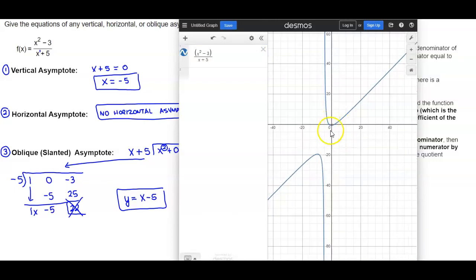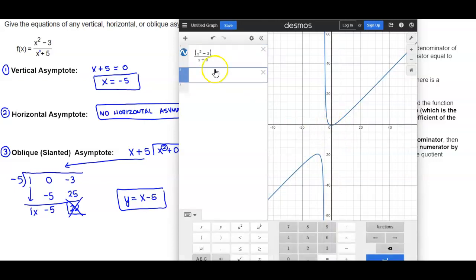Now let's graph the vertical asymptote so we can see what's happening. We have x equal to negative 5, and you can see that this is a vertical asymptote. That means the graph cannot cross this particular value on the x-axis because it's undefined there, and that's why it's considered a vertical asymptote.